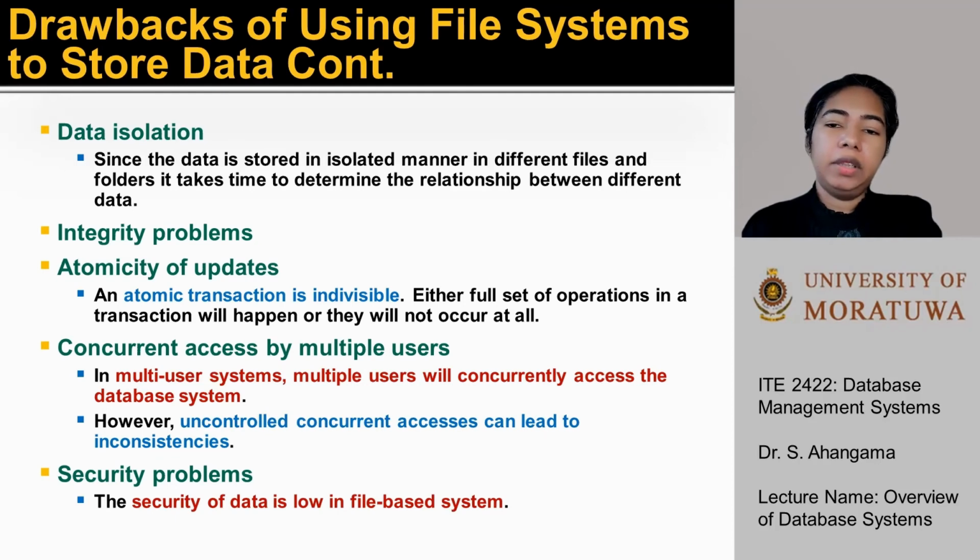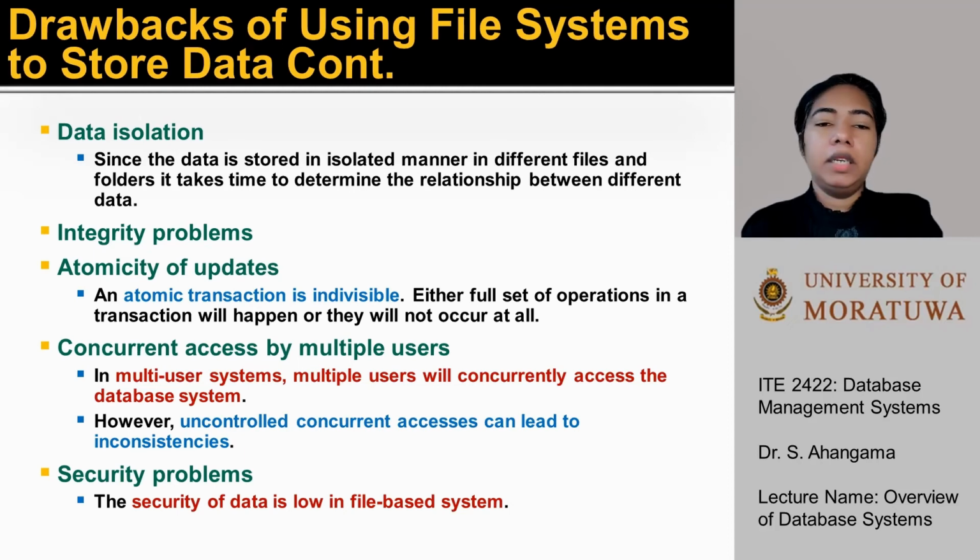However, while executing the transaction, if it fails, then the database may be left in an inconsistent state with partial updates carried out. For example, transfer of funds from one account to another should be either complete or not happen at all. But we cannot guarantee this in traditional file-based systems.